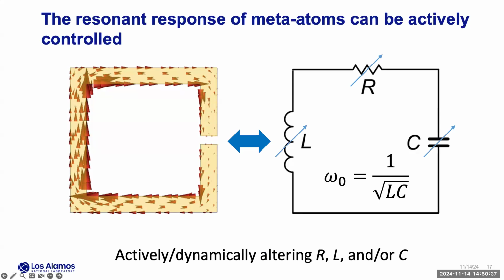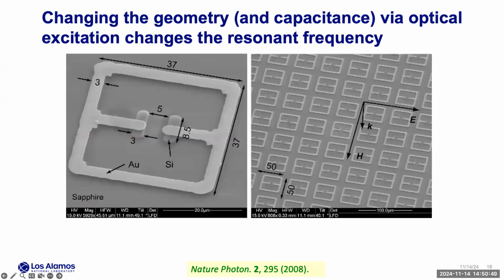So you can do this dynamically, either tuning through optical excitation, tuning through voltage. You can also tune by tuning the substrate temperature, although I'm not going to show you an example of that. So here we show an example where what we're doing is we're changing the geometry of the capacitance.